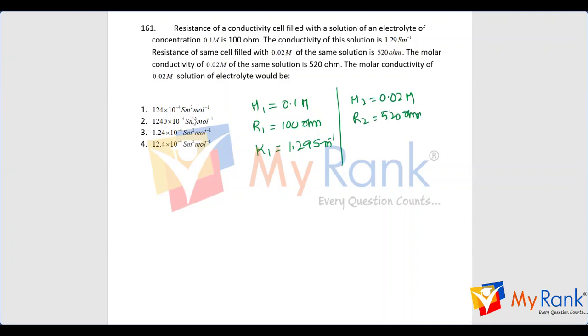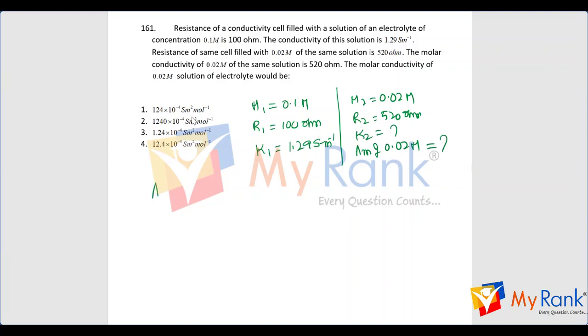See, if the concentration is 0.1, resistance is 100 ohm. If the concentration is 0.02, resistance is simply 520 ohm. The molar conductivity, lambda m of the 0.02 M solution, how much? K1 we know, K2 we don't know, and lambda m we have to find.